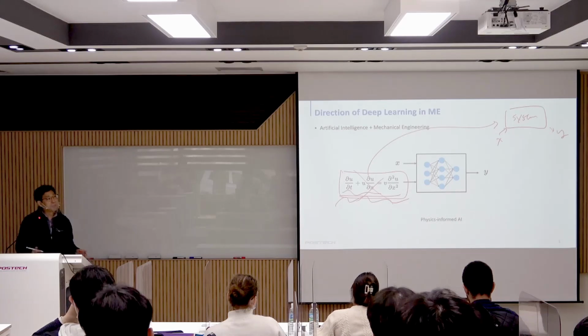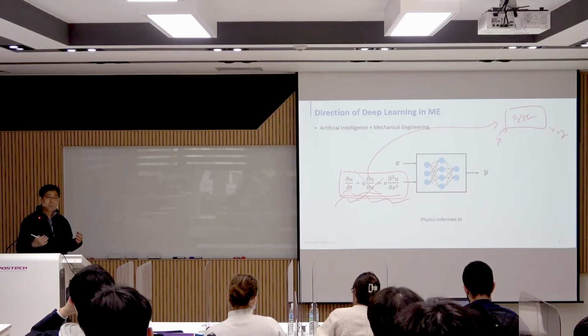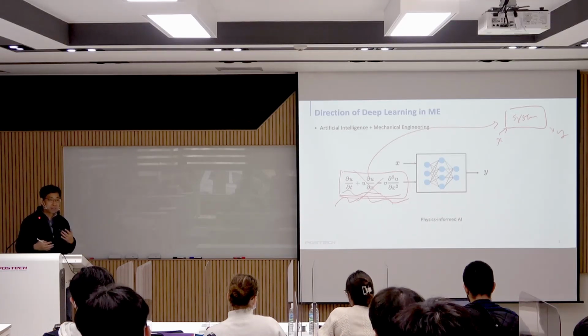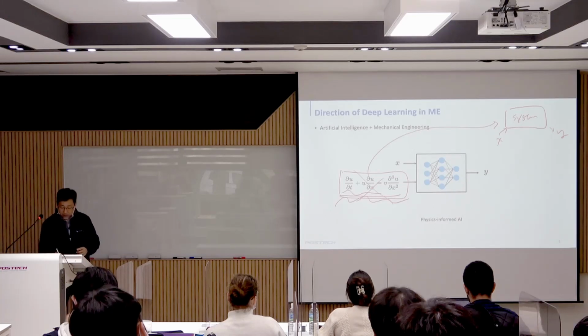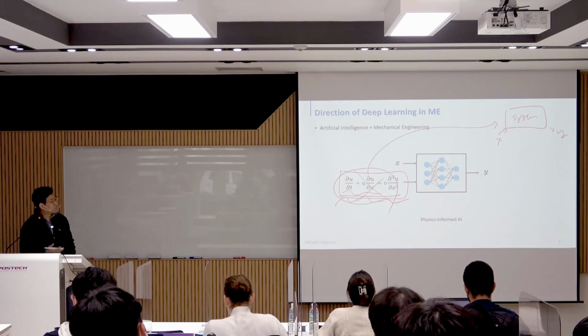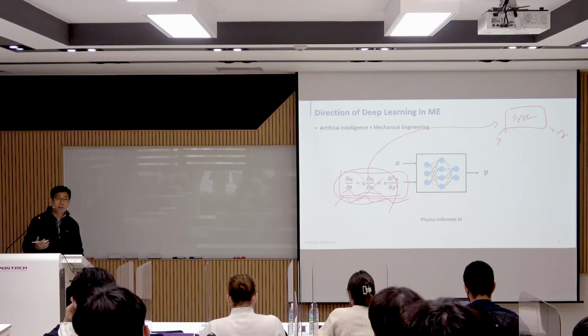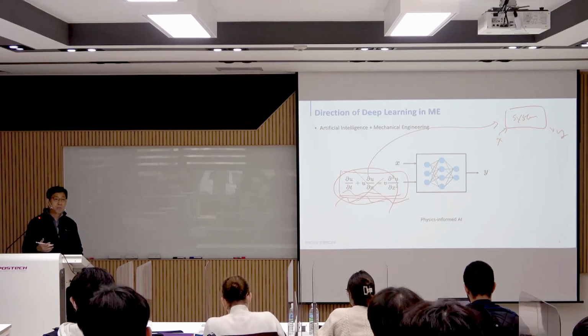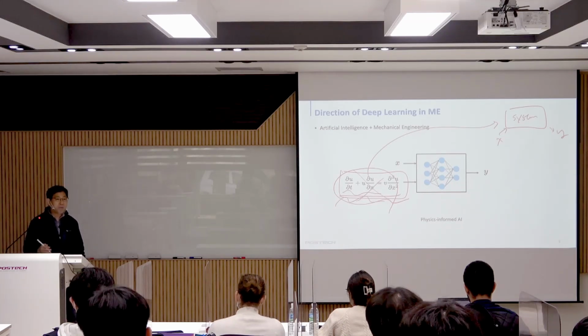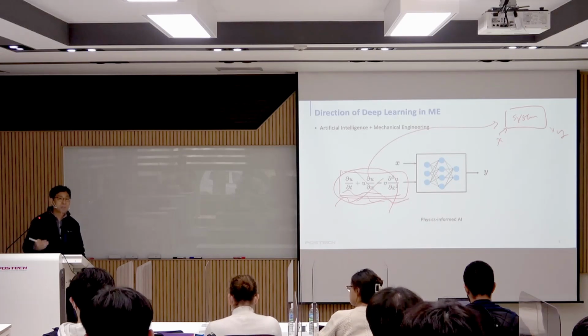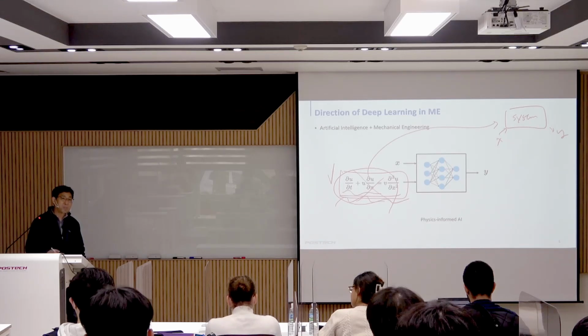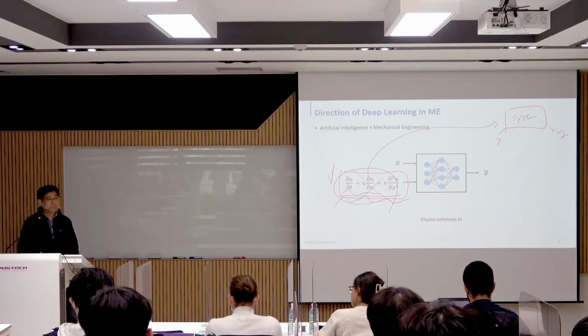But from an engineering perspective, like mine, that is prior knowledge we already know. We don't have to ask AI models to learn these things from scratch, pretending we have no idea. For me, it doesn't make sense.